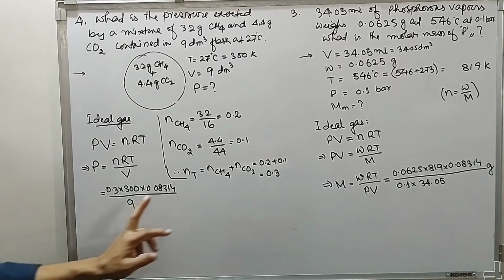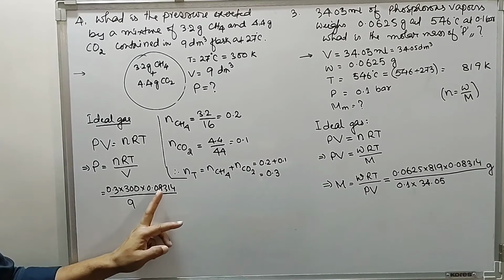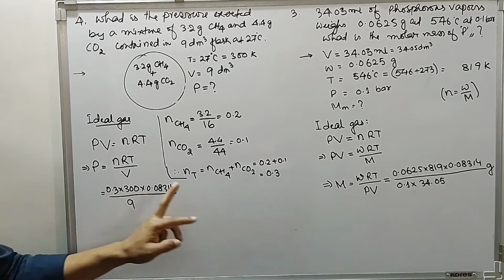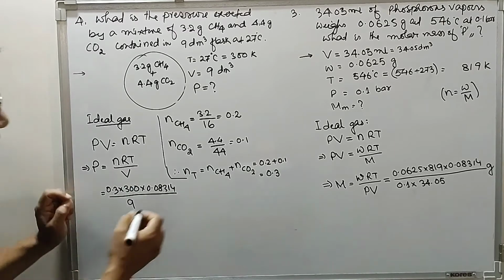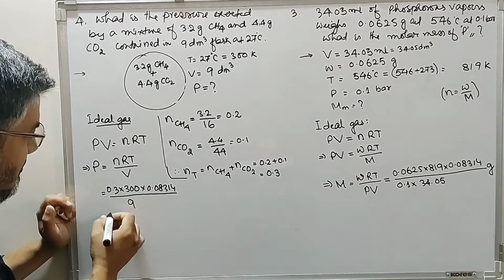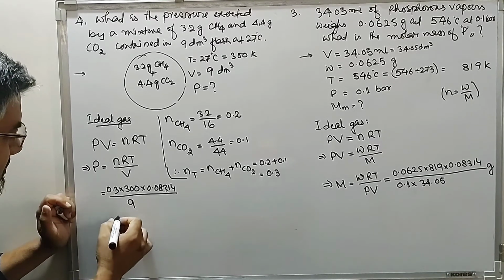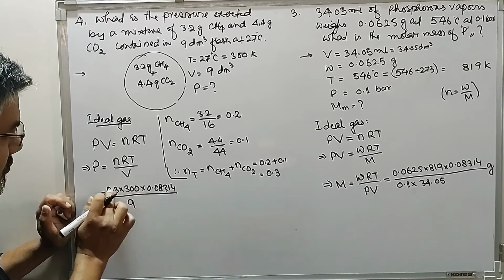Now the value of R is taken in terms of bar dm cube. So volume is in dm cube, so the pressure must be in terms of bar. So this will cancel out.